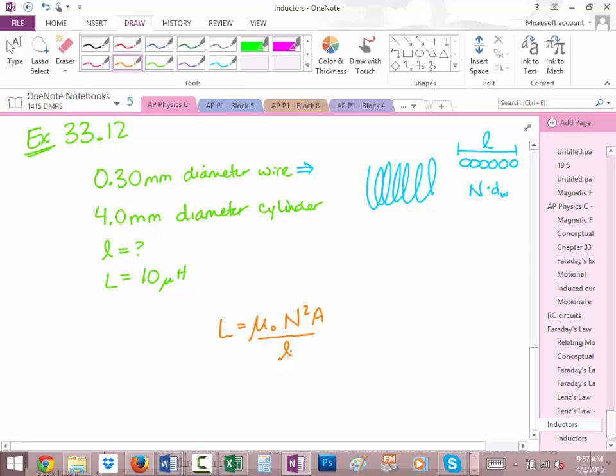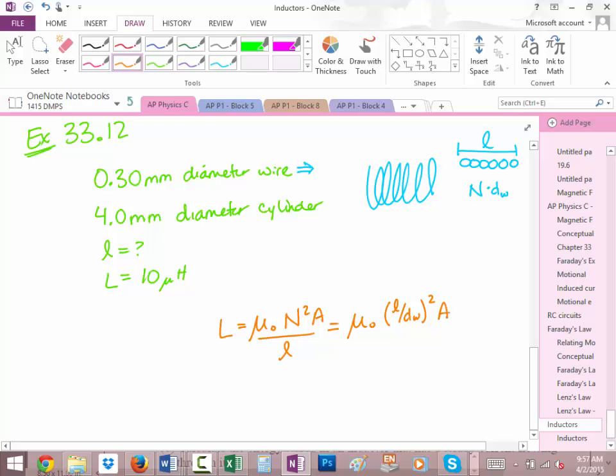So you can either write L in terms of N, or you can write N in terms of L. I'm going to write N in terms of L. So N is going to be little l over the diameter of the wire.